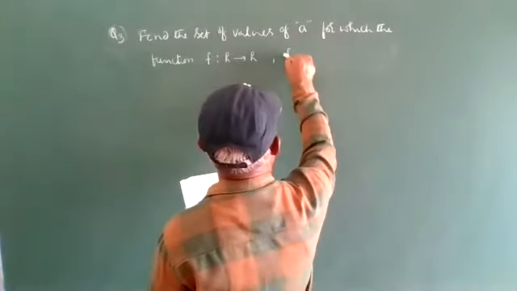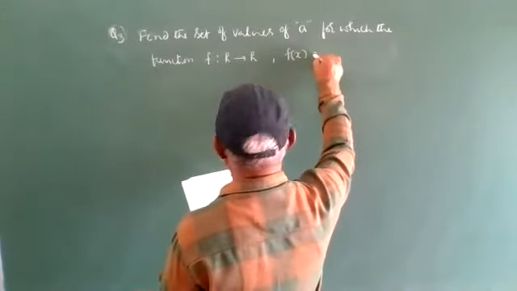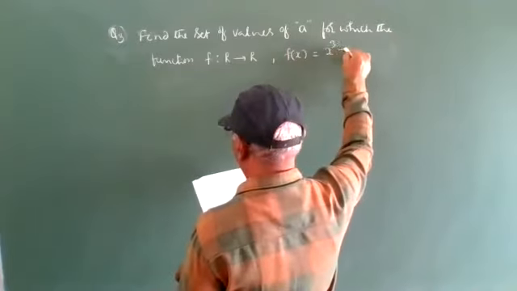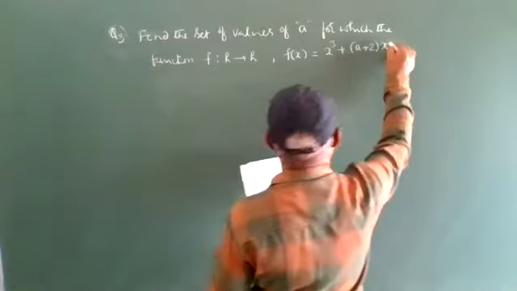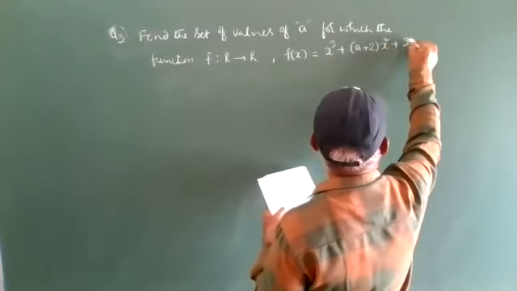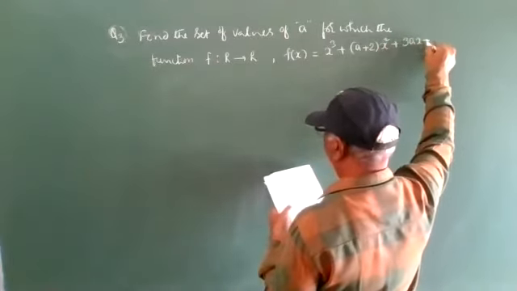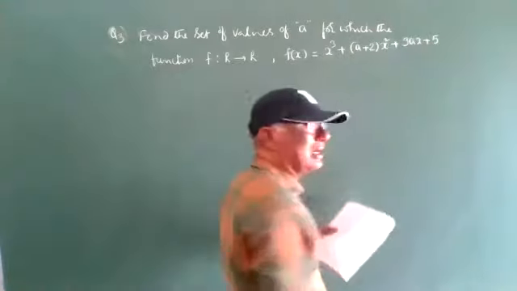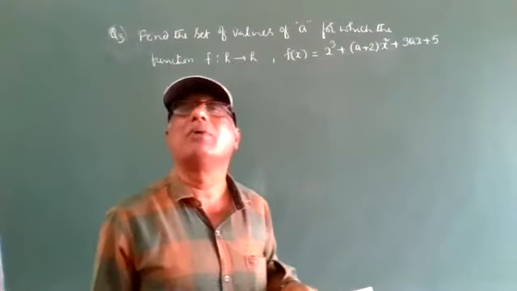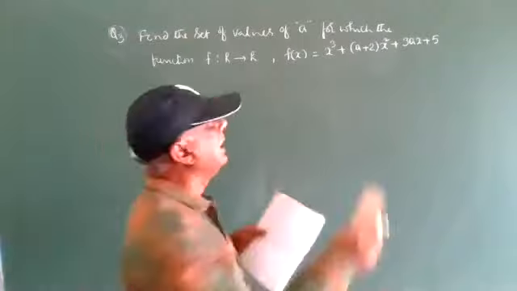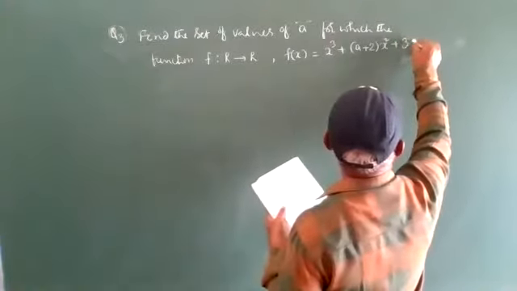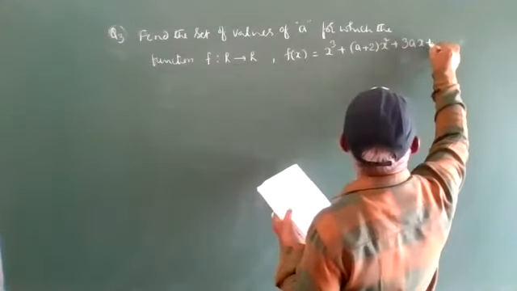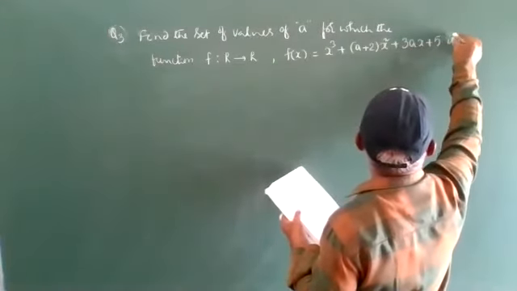F of x is equal to x cube plus (a plus 2) into x square plus 3ax plus 5 is a one function. Already given, it is a one function.